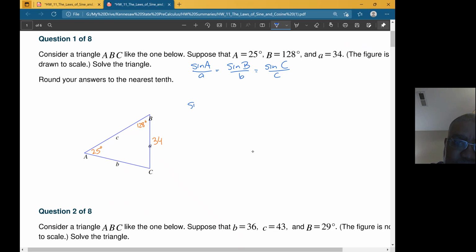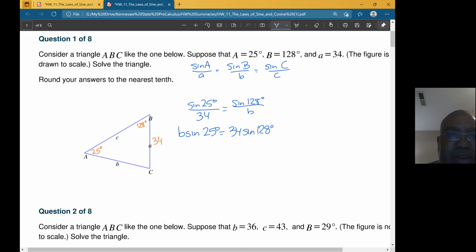So sine of 25 degrees over 34 is equal to, we'll do little b first, sine of 128 degrees over little b. Okay, this is a proportion, so we are going to cross multiply. So b sine of 25 degrees is equal to 34 sine of 128 degrees.